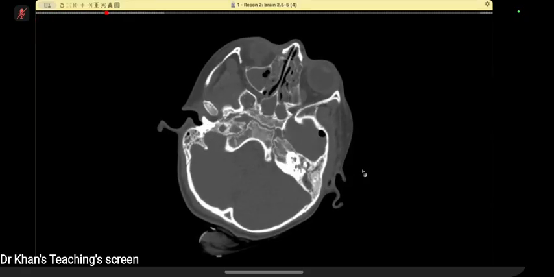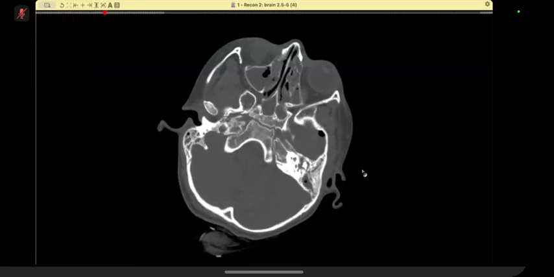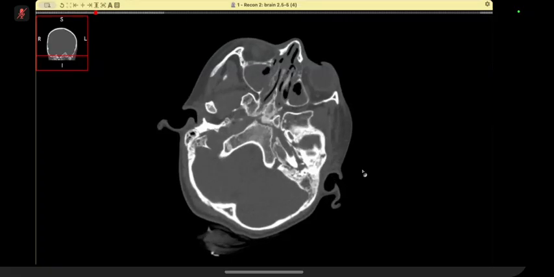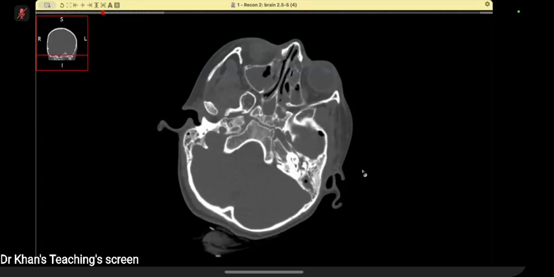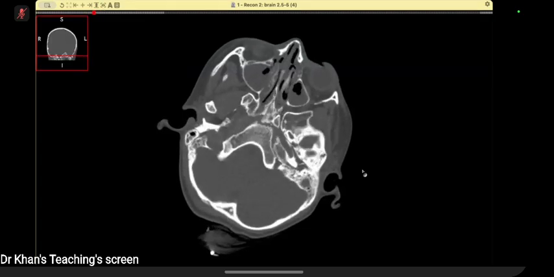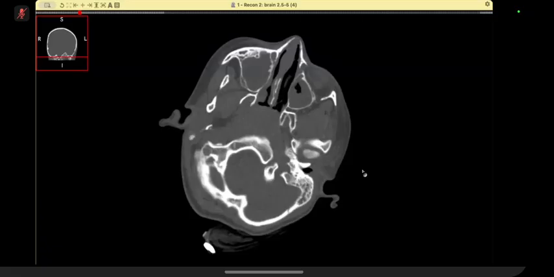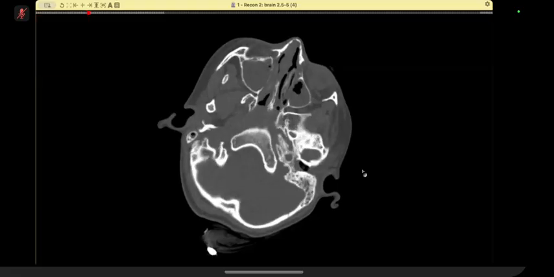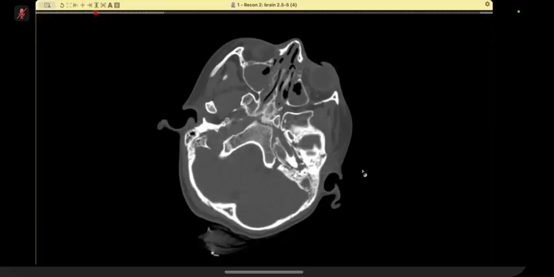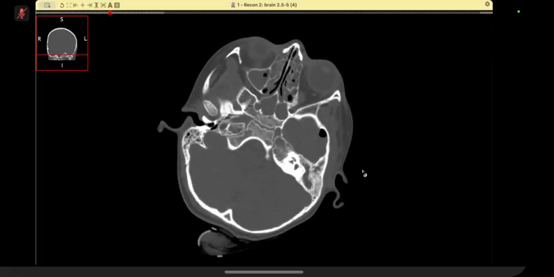Also complete opacification of the middle ear cavity, and there is soft tissue at the mastoid antrum. Also there is sclerosis of the left petrous bone and mastoid air cells. There is mild thickening of the tympanic membrane and retraction. Could be otomastoiditis complicated with intracranial extension of air.